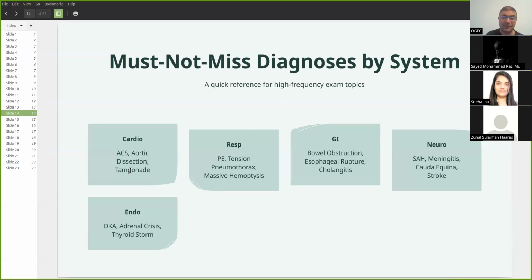We have to think about these diagnoses when there is chest pain or in cardiovascular system. In the respiratory system, pulmonary embolism, tension pneumothorax, massive hemoptysis. These are the must not miss diagnoses in the respiratory system.